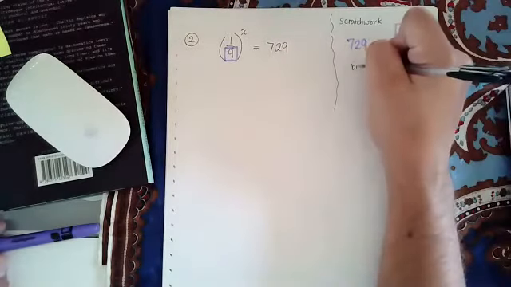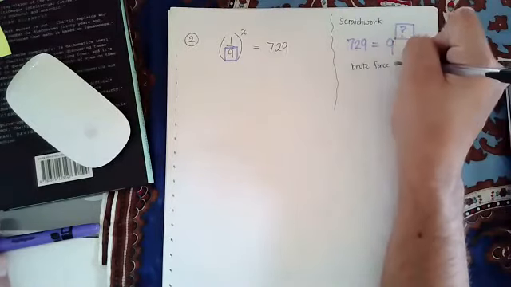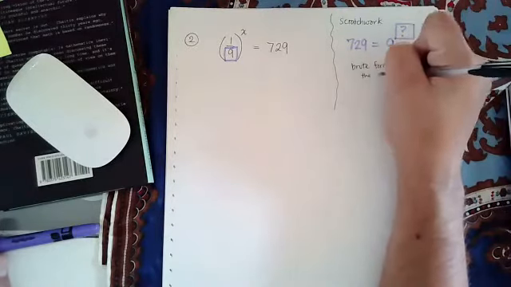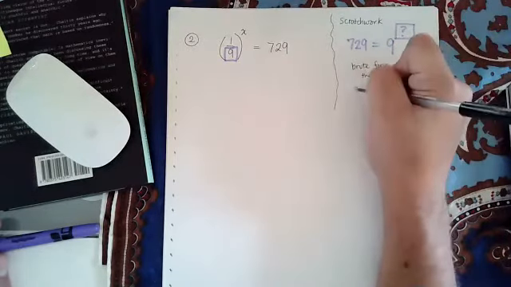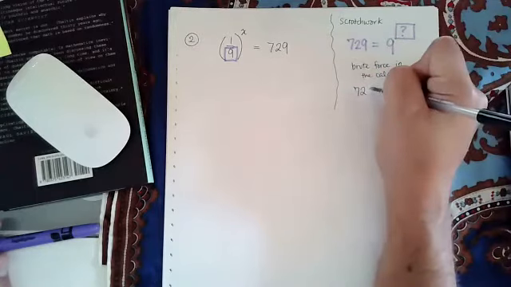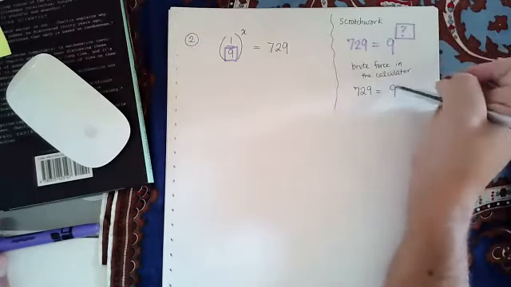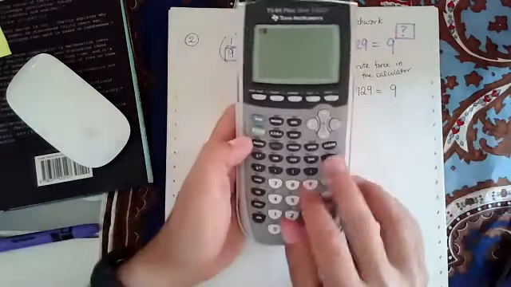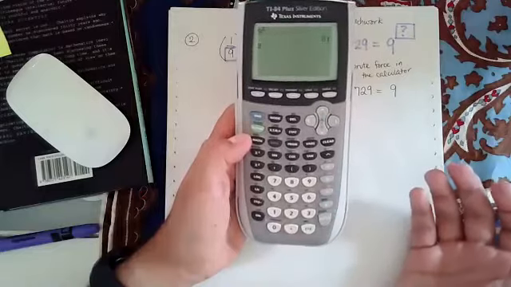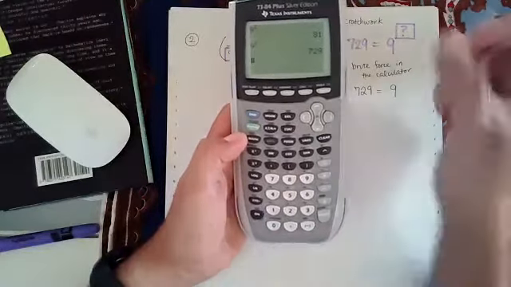So we might brute force that or guess and check in the calculator. And we might come to the conclusion that this is equal to 9 raised to what power? Well, I might start with 9 to the second power. It's too low. 9 to the third power, and that's 729.